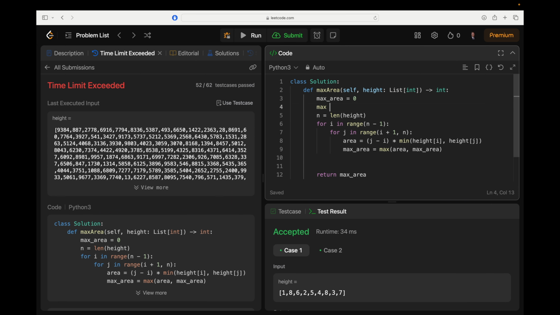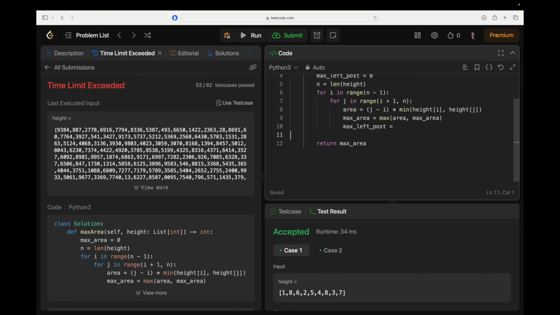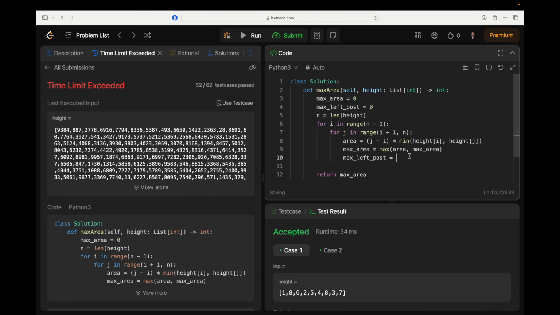We're just going to say max left post. And when we find a new max container, the new max left post will be height i, the left post.